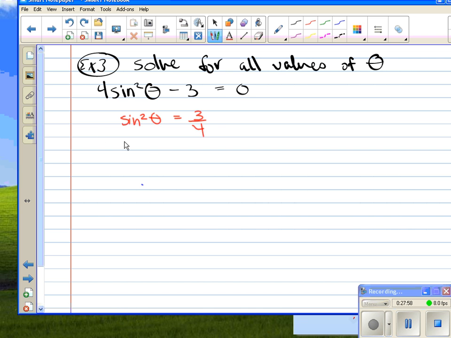Square root both sides, and so now I'm down to sine equals the square root of 3 over 4. What did I forget? Plus or minus, good. And I can simplify that to the square root of 3 over 2. Hip hip hooray, we're almost there.